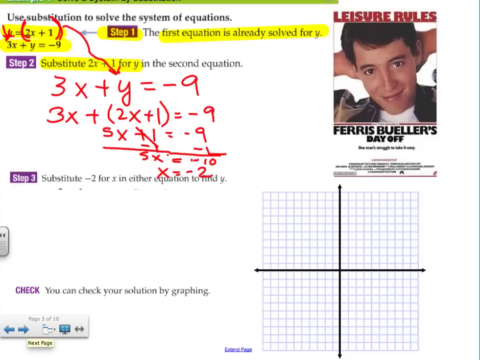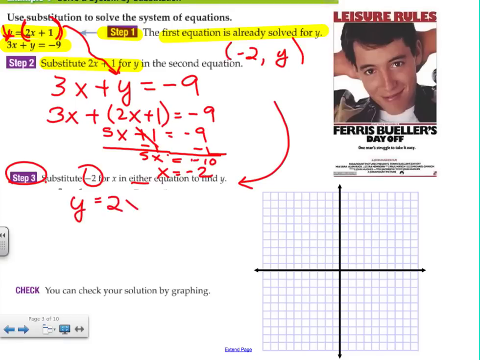Okay, so now we know that x is negative 2, and we have to figure out what y is. So that's what we do next. That's step number 3, we're going to take our negative 2 and substitute it in. We can use either equation, but I'm going to use y equals 2x plus 1.